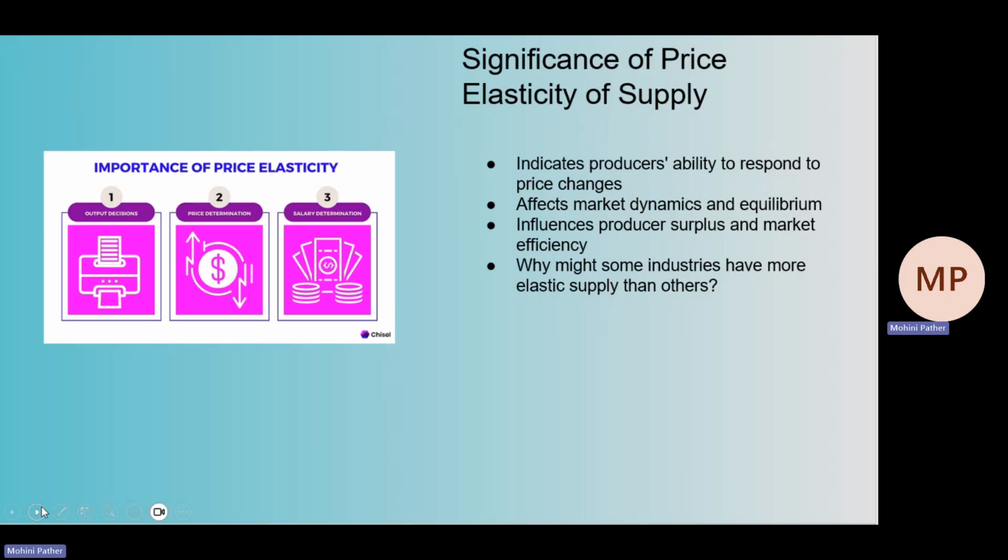It takes time. So what is their ability to respond to these price changes? It affects price and market dynamics because if they are able to respond quickly, they can take advantage of these price increases and generate additional revenue. That influences their producer surplus.